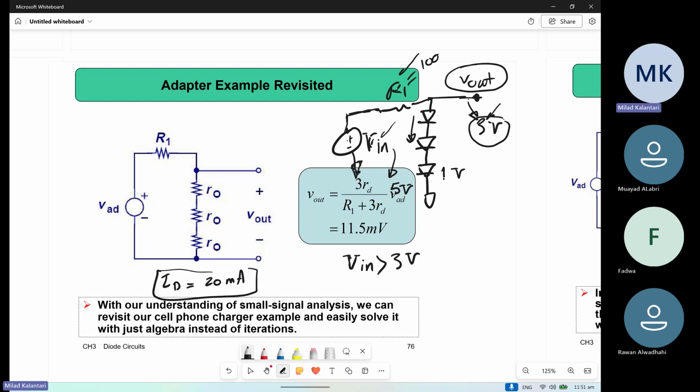Then, if somebody asks us what will happen if the supply voltage changes a little bit, like the simulation we had, right? That there is some variation over the supply. We want to know how that variation goes to the output, right? So what is the answer?